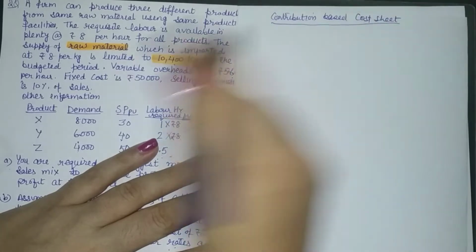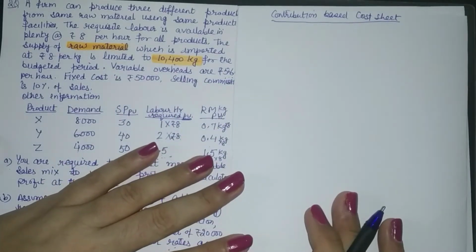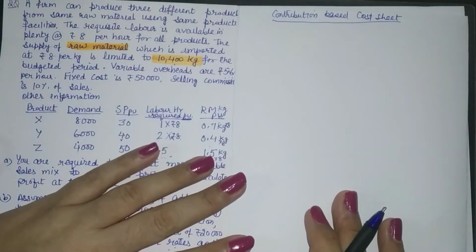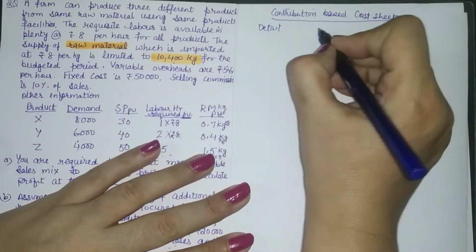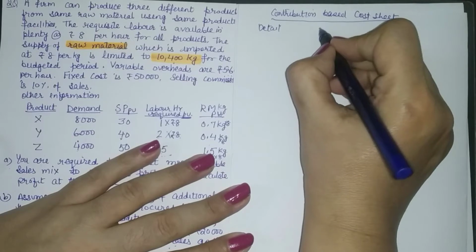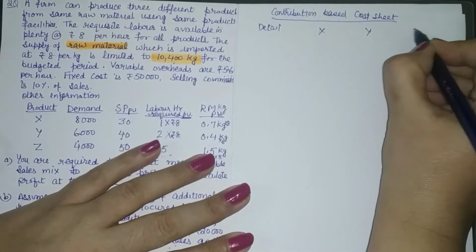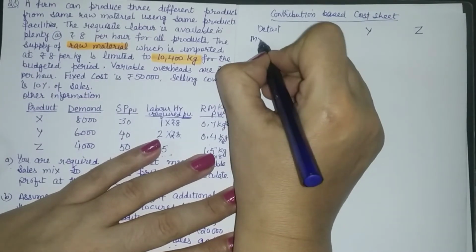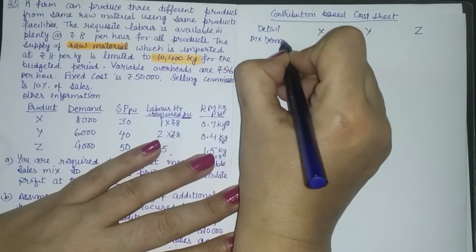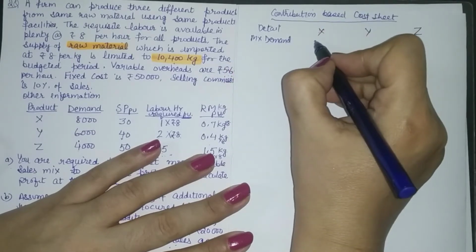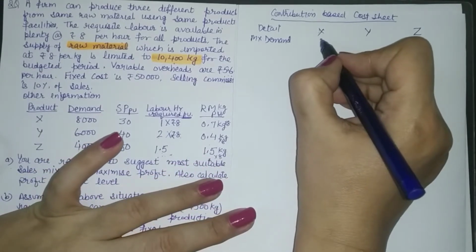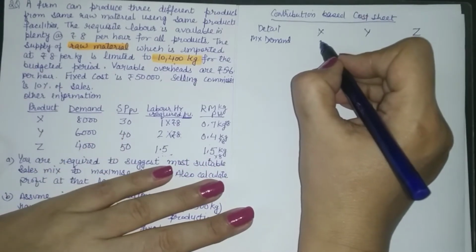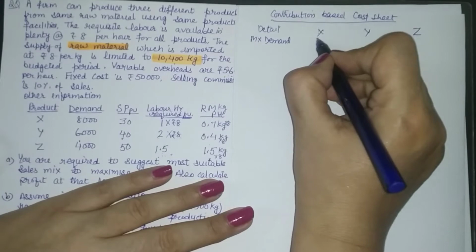Since we have 3 product lines X, Y and Z, so we can make 3 plus 1 column, 1 for the details and 3 columns for the products. Furthermore, as we are not given the cost, we need to calculate it for material, labor, overhead, etc. So we can make inner column, outer column for each product line also.